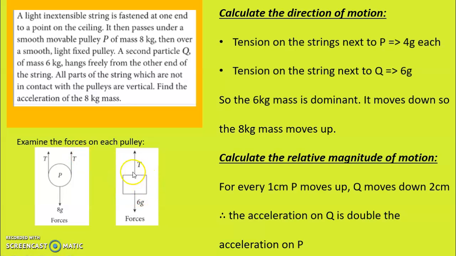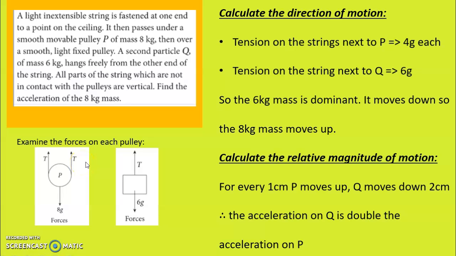On this mass here, which is 6 kilograms, it's going to have a downward force of 6g and an upward force of 6g. So which of these is going to have the motion? Is this one going to be going down, or is this one going to be going down? This is 4g, this is 6g. 6g is greater than 4g, so this one is the direction of motion. So if that's going down, that one's going up.